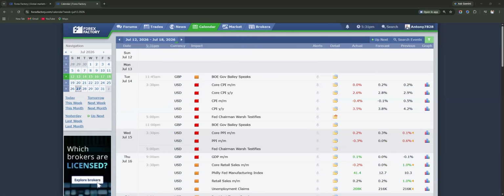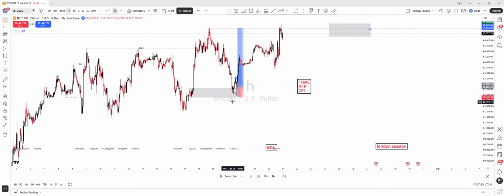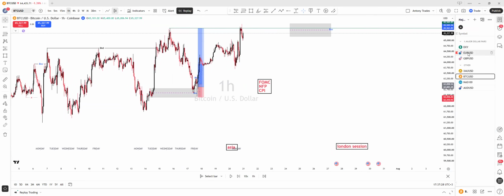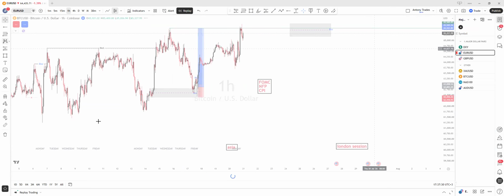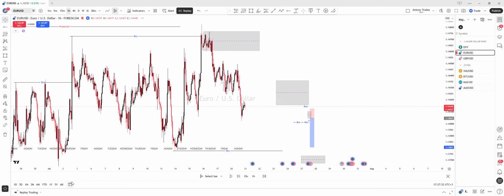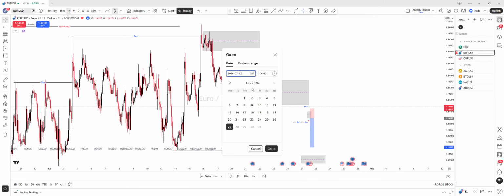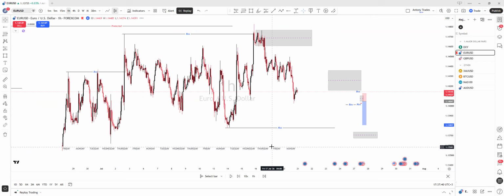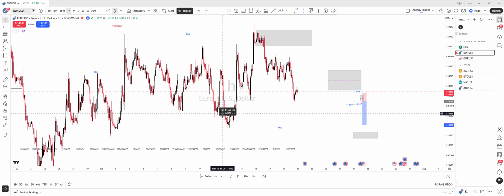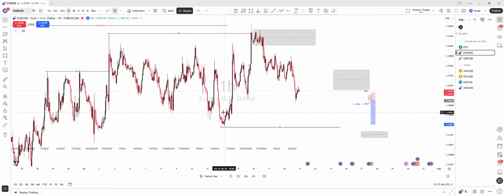Let's see whether I'm presenting the chart. Not really. Okay. Now let us pick a pair like Euro USD. Which day was that? We have said it was on 14th July. So 14th of July, we go. 14th of July.